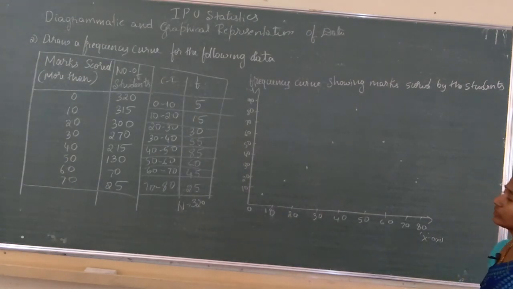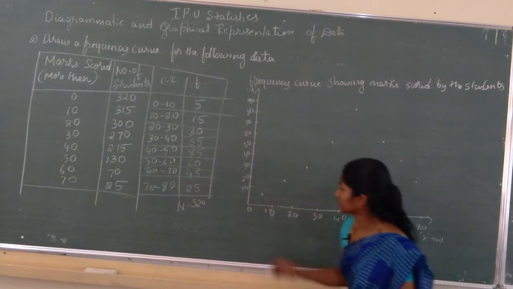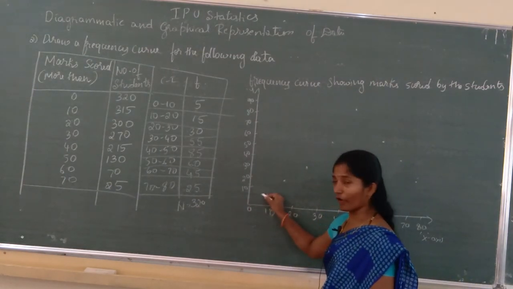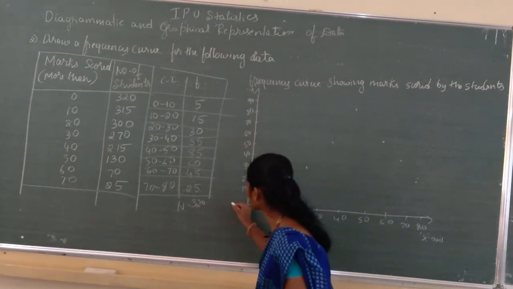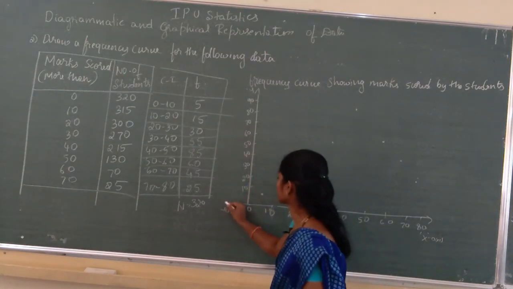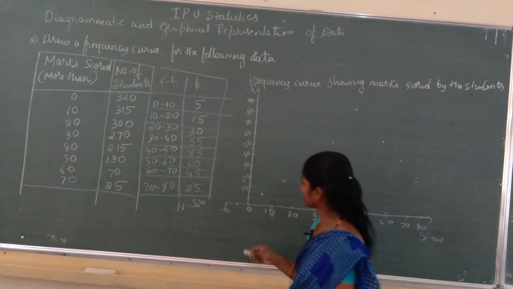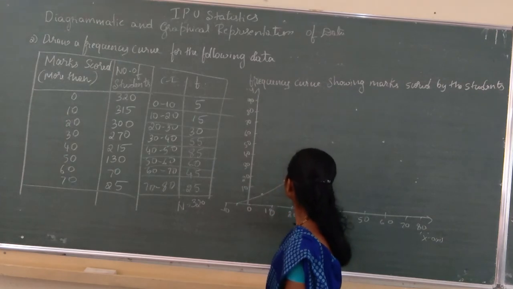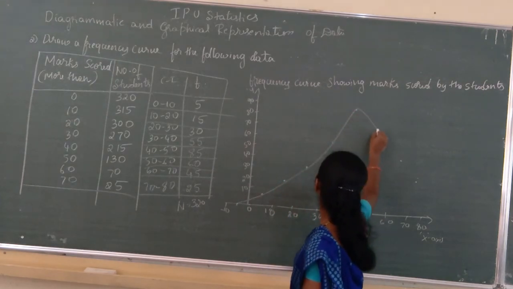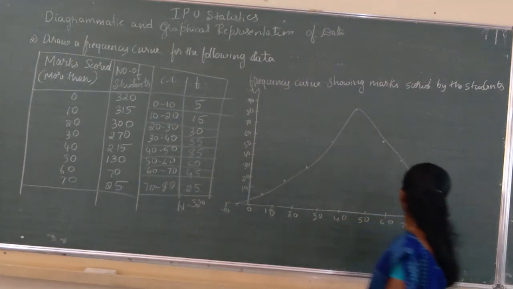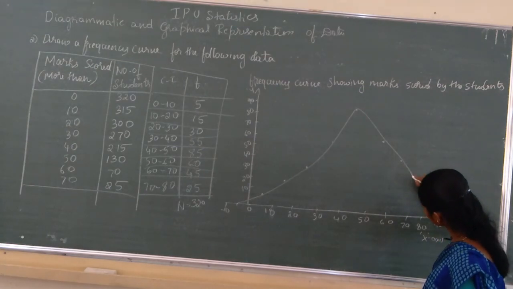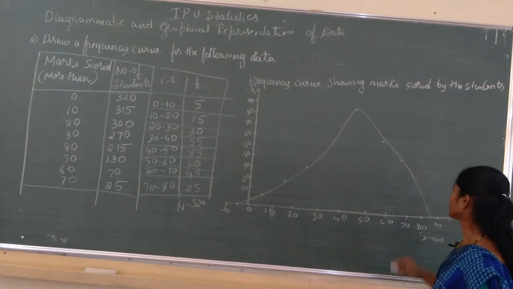Okay. Now, join. Not from here, we have taken midpoints, therefore, start from here, give minus 10. Join smoothly. This is a smooth curve. Join smoothly and join here. Here 90 is there. Join here.